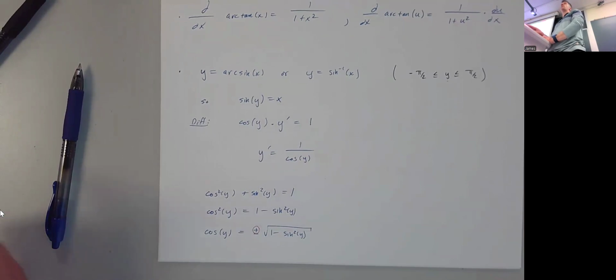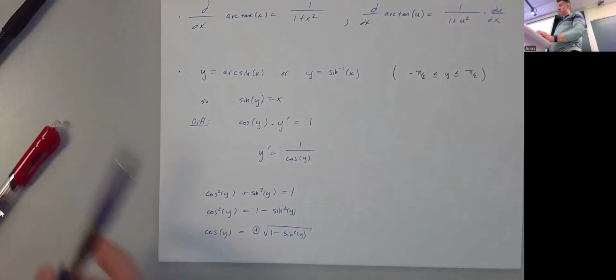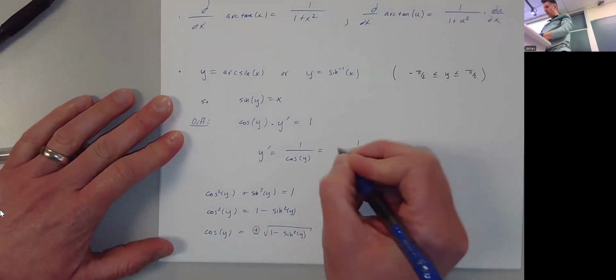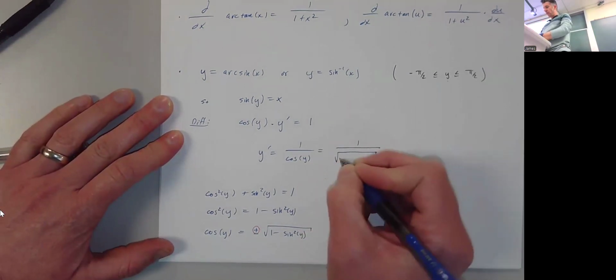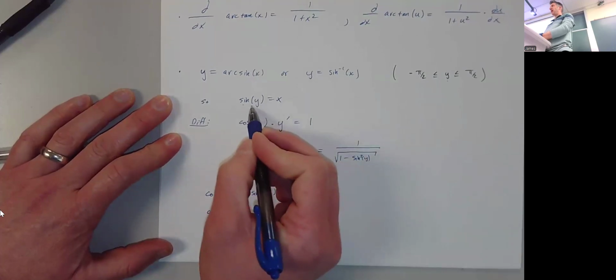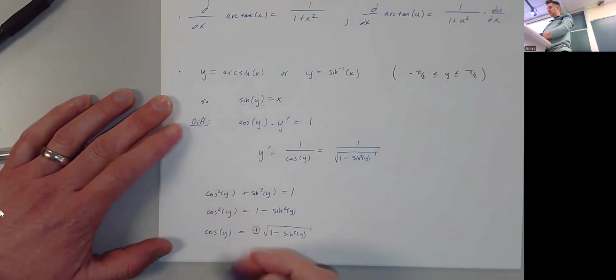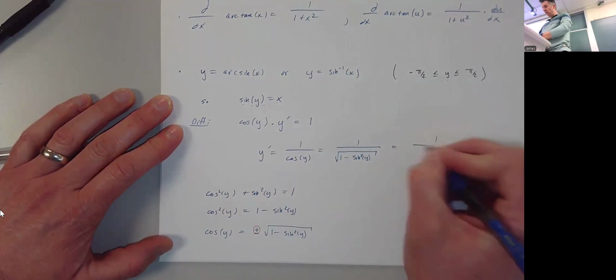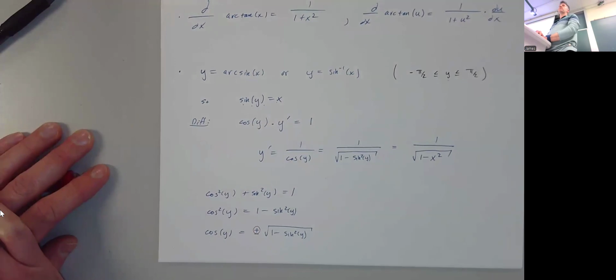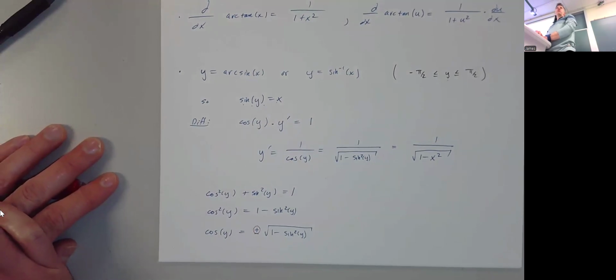Great, that's what we want. So that means we get y prime equal to 1 over the square root of 1 minus sine squared of y, but sine of y is equal to x. So this is really equal to 1 over the square root of 1 minus x squared. That's your derivative of the inverse sine, or the arc sine.